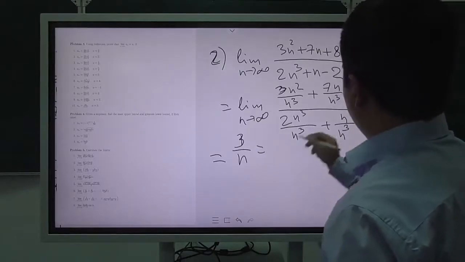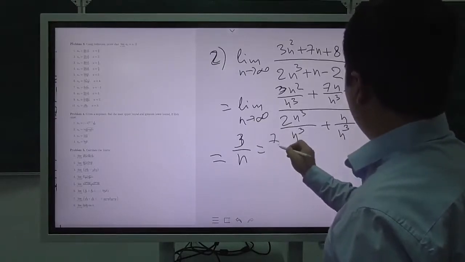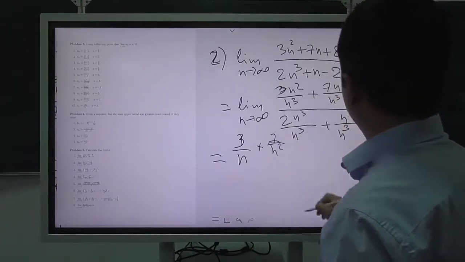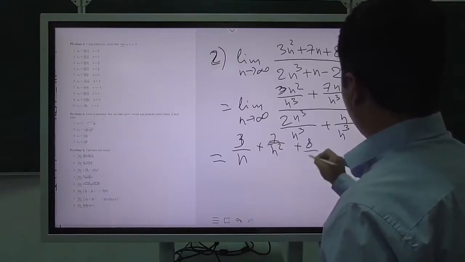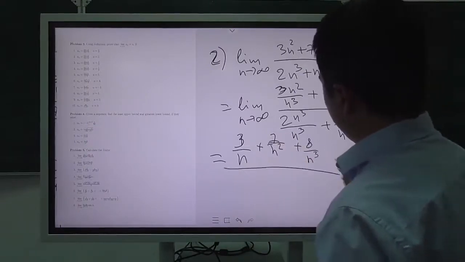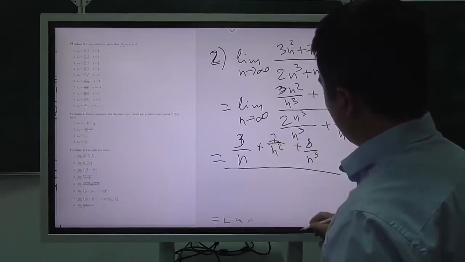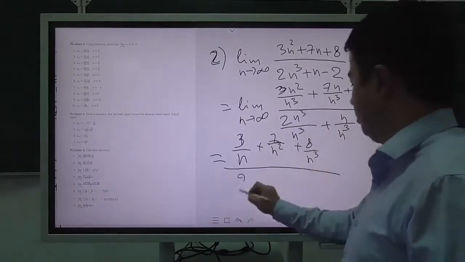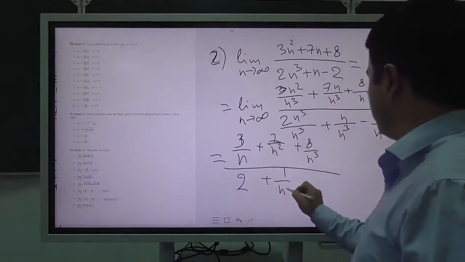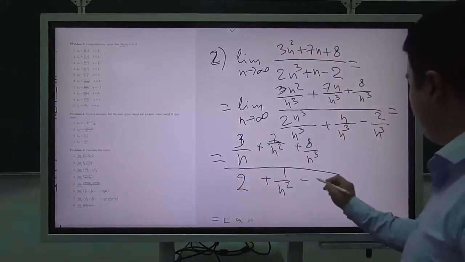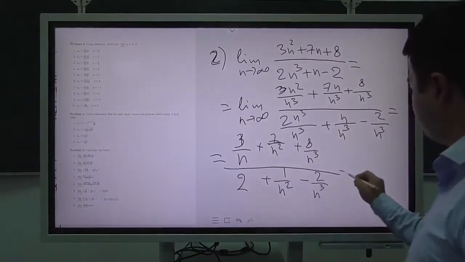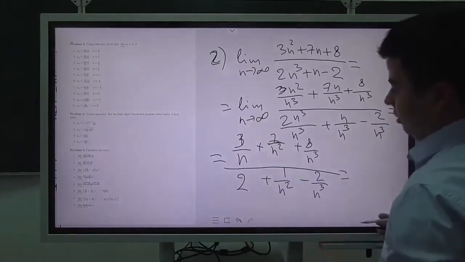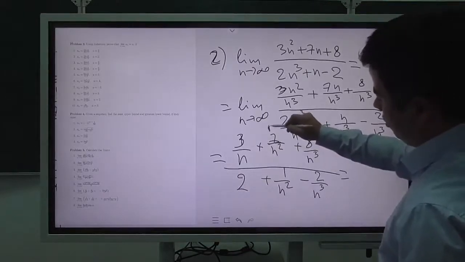So this one is 7 over n squared plus 8 over n cubed over, the denominator is 2n cubed over n cubed, it is 2, plus 1 over n squared and minus 2 over n cubed. Similarly to the previous example, they go to 0.